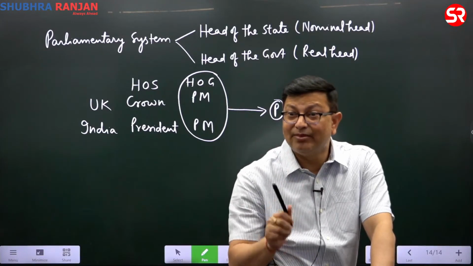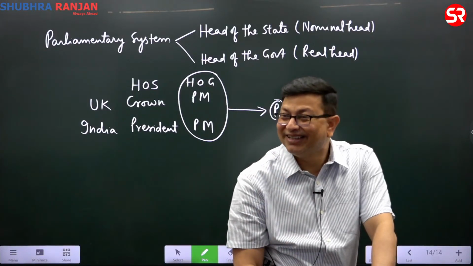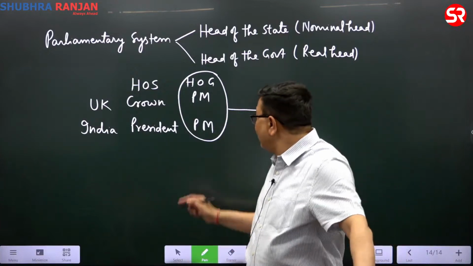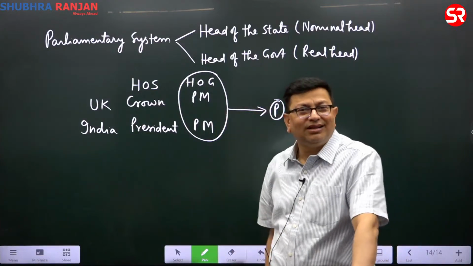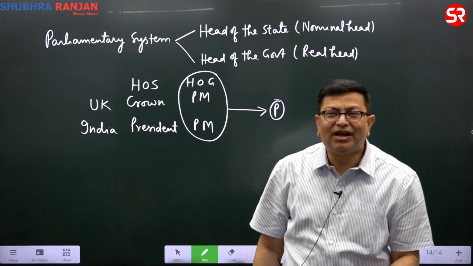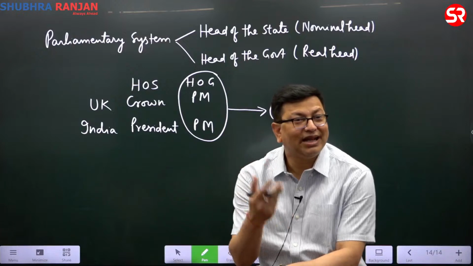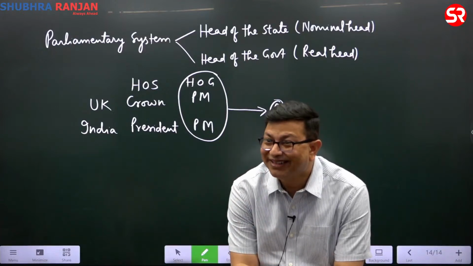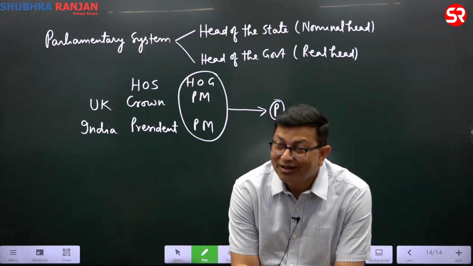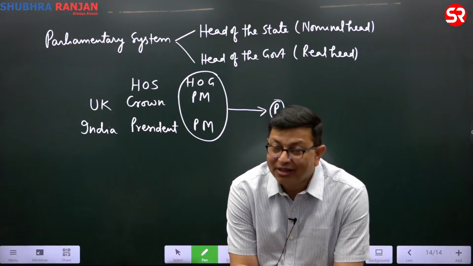It means they are the members of the House of Lords. Then you will say, sir, in different parts of the world, the legislature has got different names. So, why parliament again?